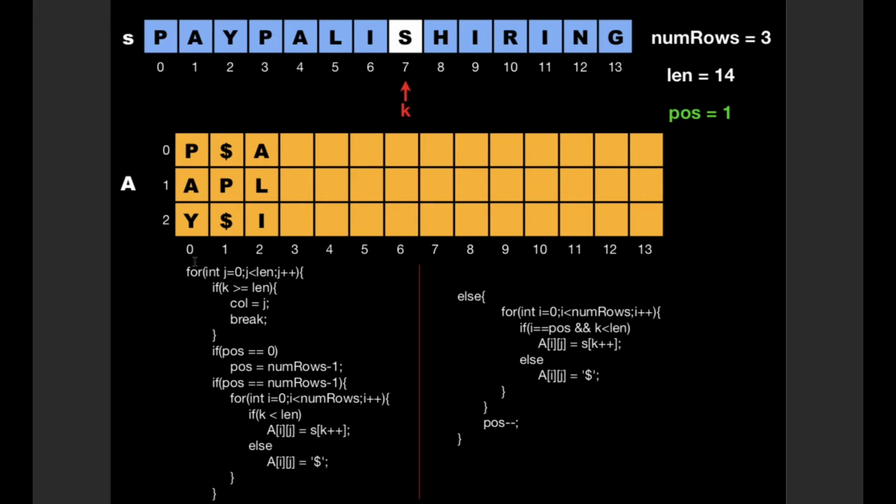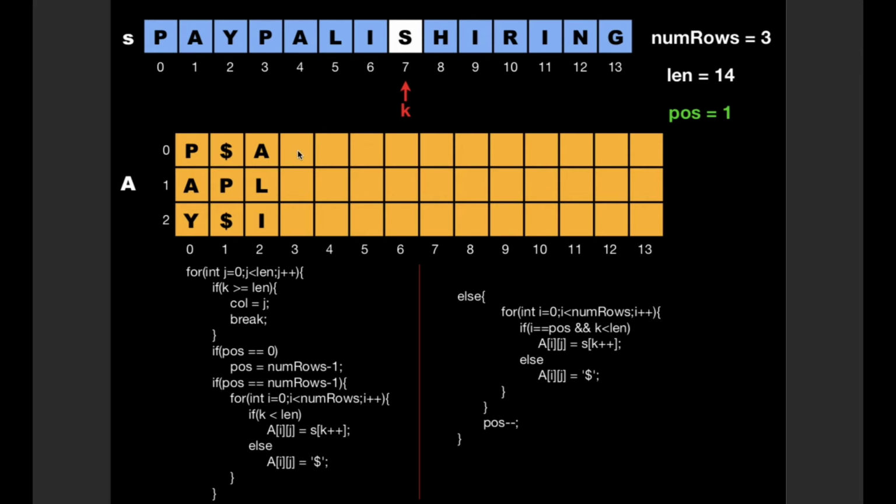In our next iteration, we again check whether k exceeds the length, and then we check the value of position. Now the position value is neither 0 nor number of rows minus 1. So again we enter this else condition where we run the for loop for the fourth column, and if the value of position equals i, that is only for that particular row, we enter the character from s, else we enter a dollar character.